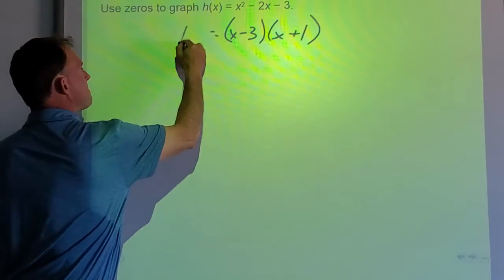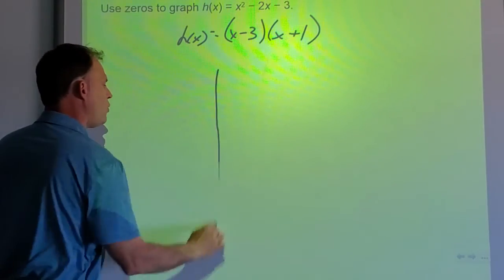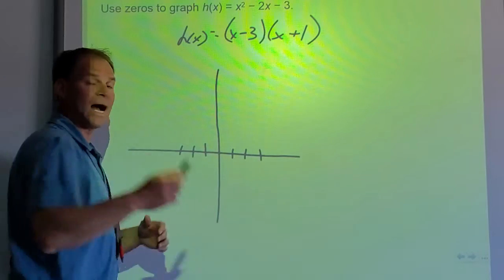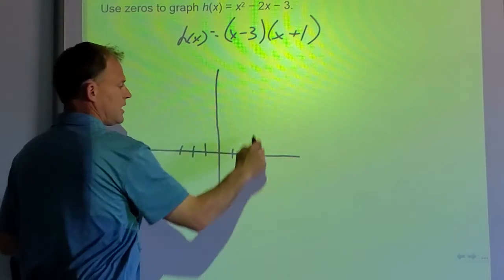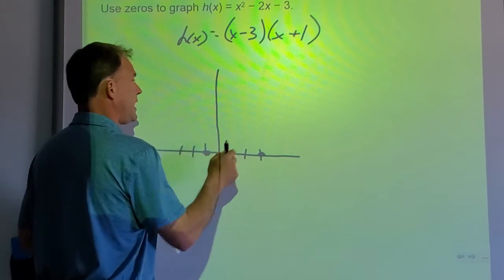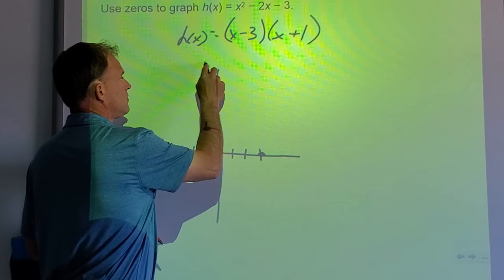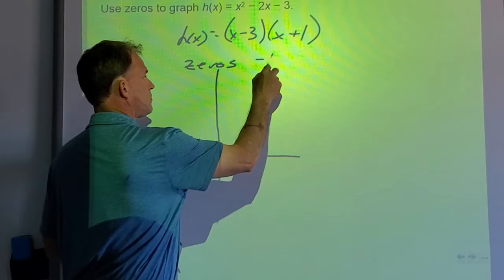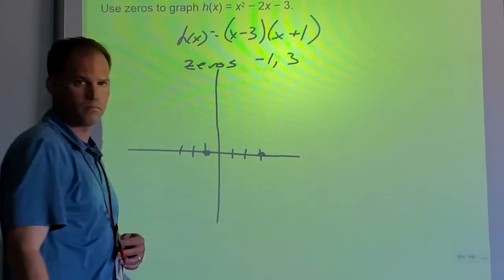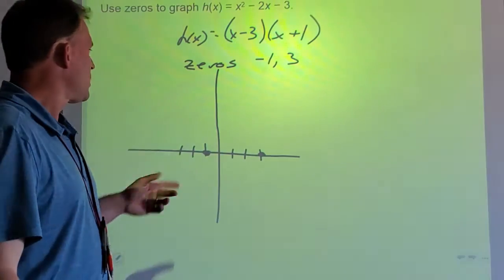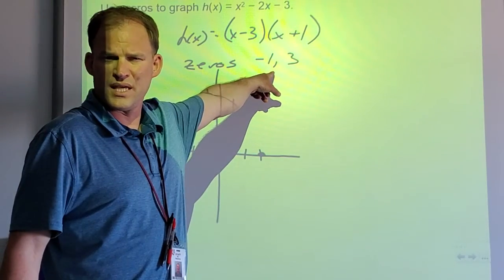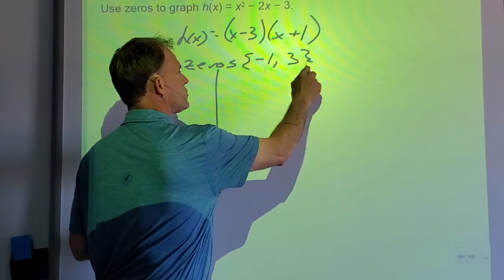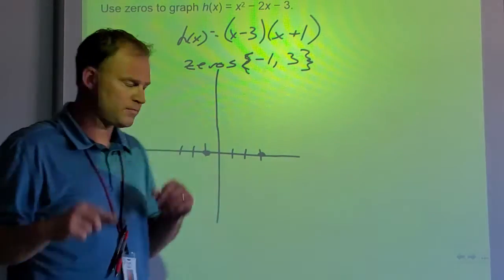So I know my intercepts, opposite of what's in parentheses, is +3, -1. When I write it like that, don't be confused thinking it's a coordinate point. I'm just listing them out. I should put braces around them.